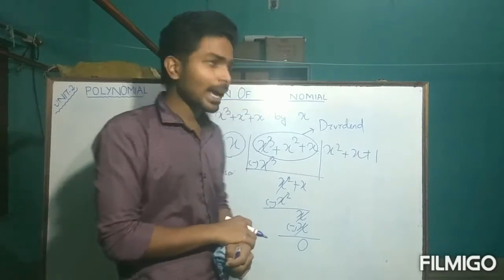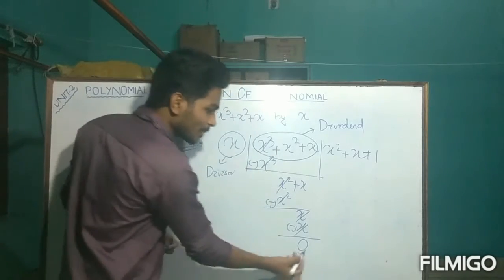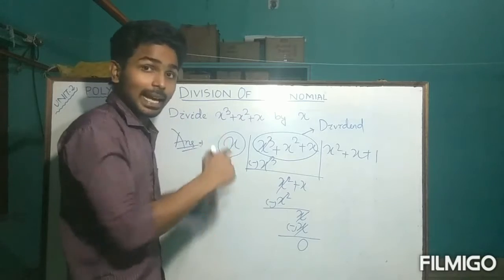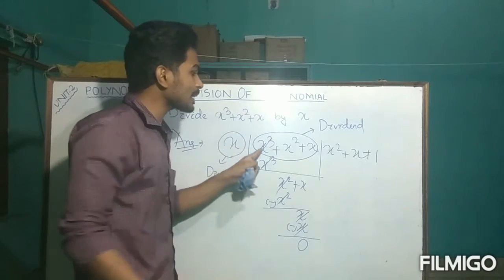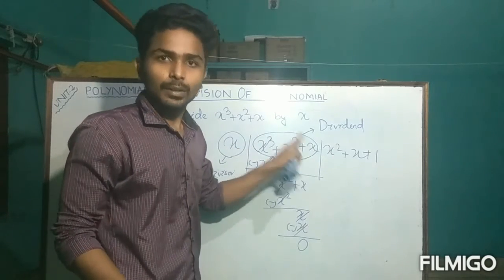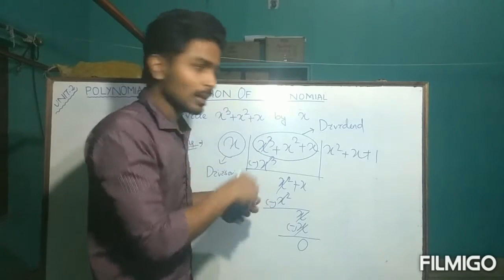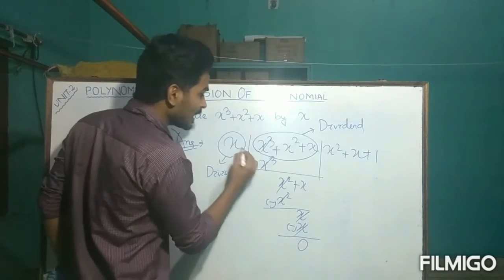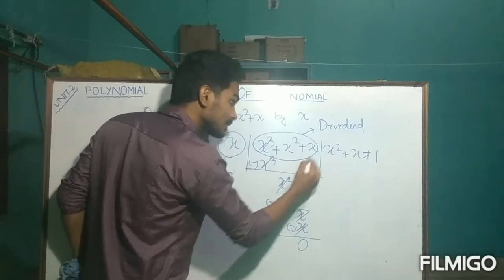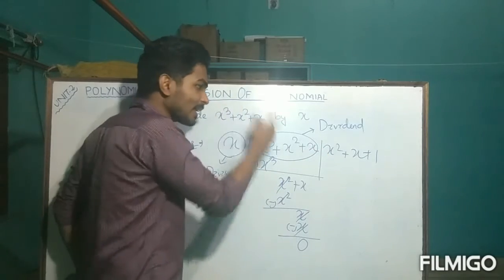Another thing we have is that if the remainder becomes 0, then x is a factor of x cube plus x square plus x. These two conditions we have studied in note 1. So the condition is that x completely divides this and x is a factor of this.